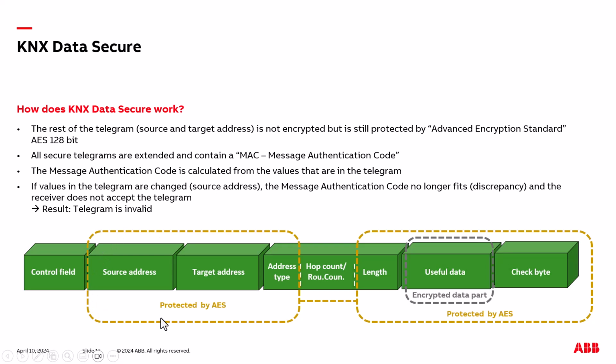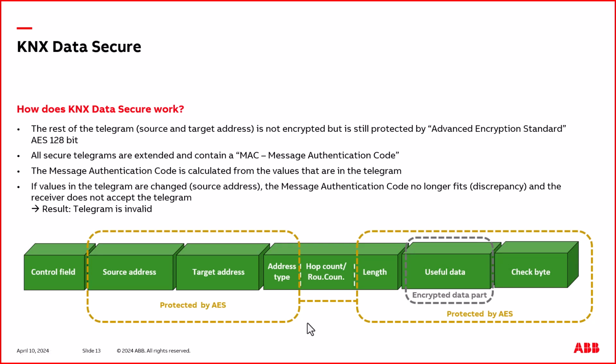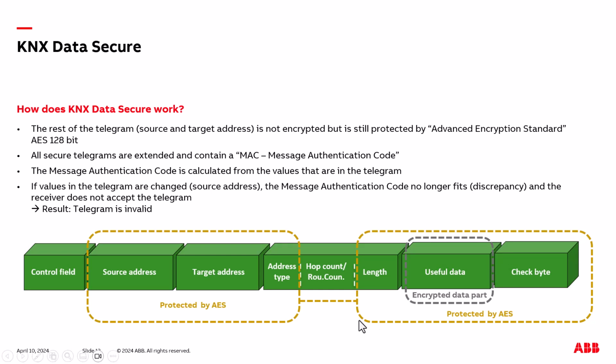So it means that our source address and target address are also protected in the telegram. If someone manipulates the target address or the source address, this message authentication code no longer fits, and the receiver, the actuator, does not accept this telegram. So in principle, our complete telegram is protected, and some parts are encrypted.